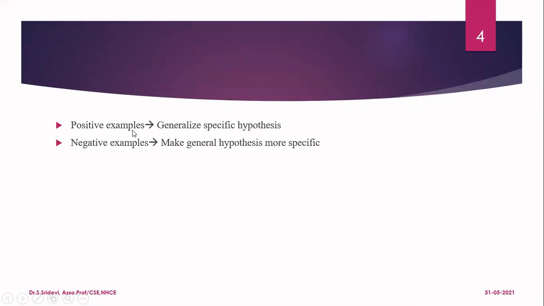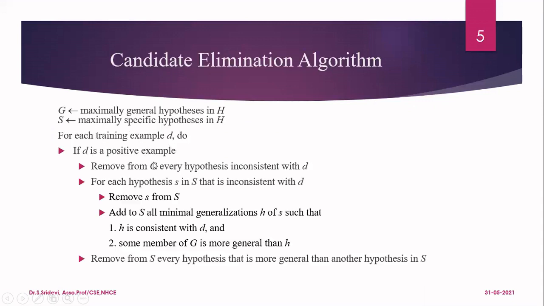Two things will happen in this. Whenever we consider any positive example, we are going to generalize the specific hypothesis. And as soon as we encounter a negative example, we will make the general hypothesis more specific. These two are very important points when related to the candidate elimination algorithm.